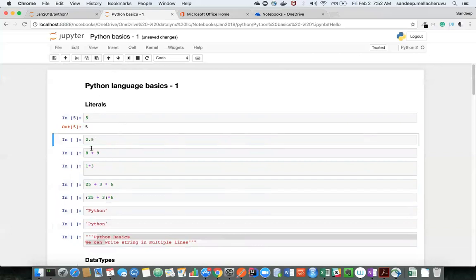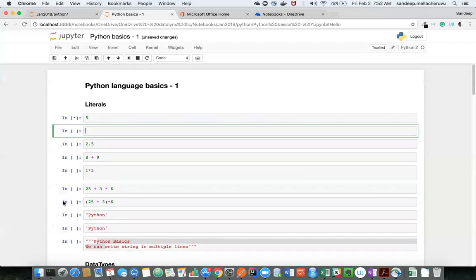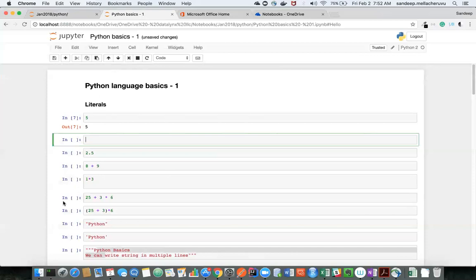But if you want to execute this cell and, after executing, create a new empty cell, what you have to do is control and enter. Sorry, not control and enter. Alt and enter. If you do alt and enter, it will execute the current cell and create a new cell. Is that fine?